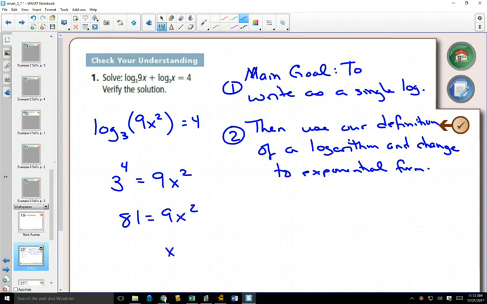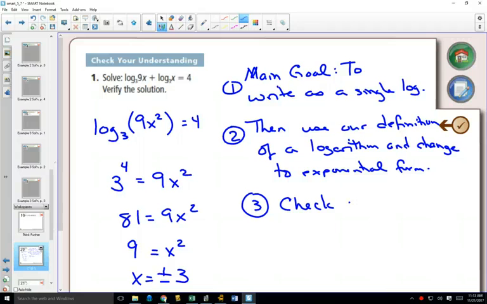Divide both sides by 9. Square root both sides, and you get plus or minus 3. Now, one added thing that you always have to do with solving a logarithmic equation is you have to check your answer for answers that appear but actually don't work.